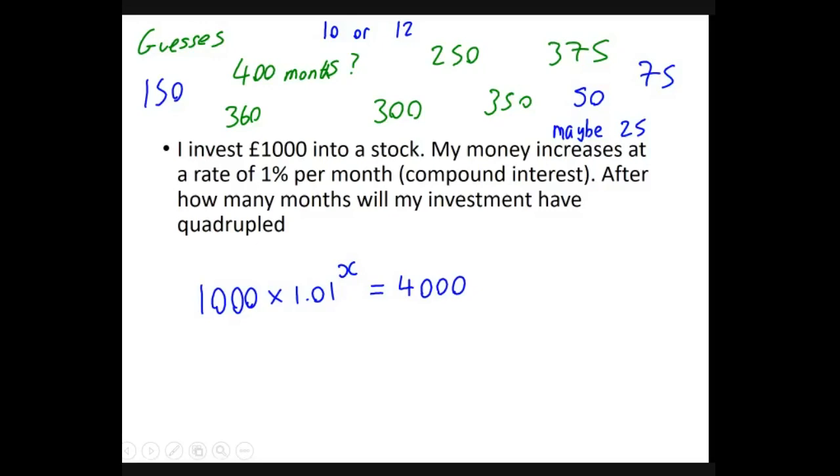How do we do this? Could you divide both sides by 1,000? Indeed, that's what I was going to do.